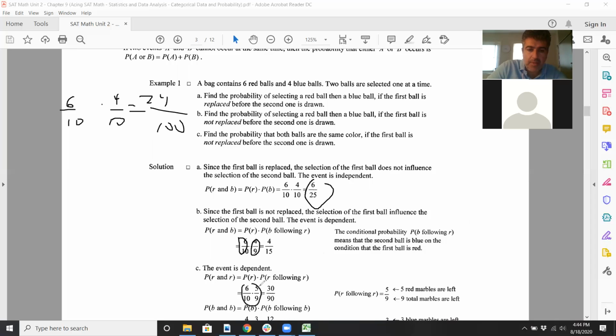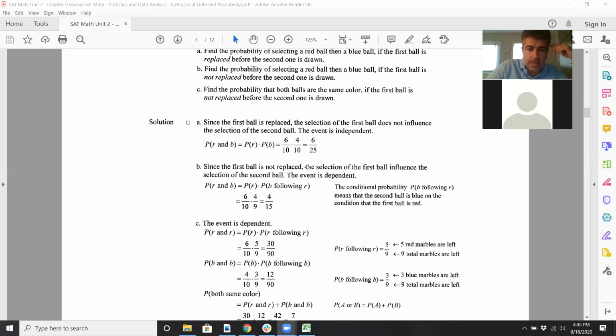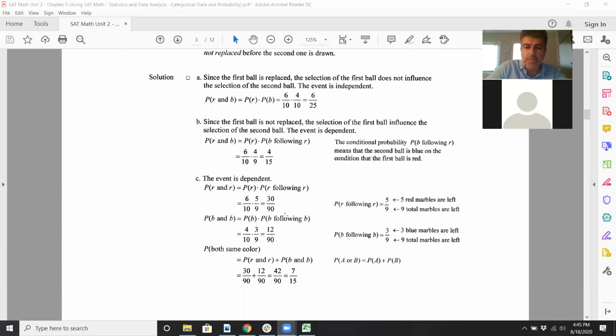You're not replacing. You have 30 out of 90, so you have a 1/3 chance. Or let's say you get 2 blues in a row: 4/10 times 3/9, which is 12 out of 90. But you're looking at one or the other, the probability of either one of those things happening, so you could add those 2 probabilities together. You get 7 out of 15.